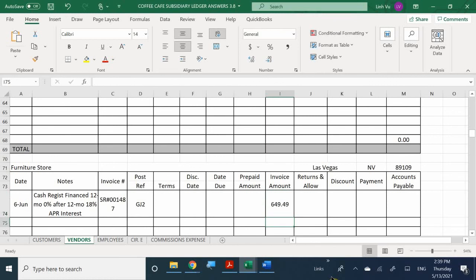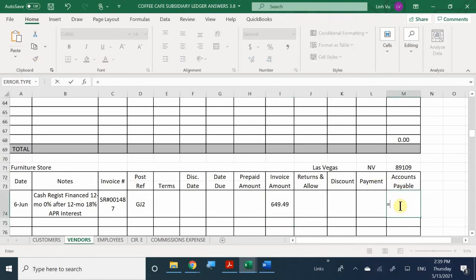And this time we made no payment to it. So therefore, if you apply that formula and made no additional changes to these parts of the invoice, you now owe furniture store.